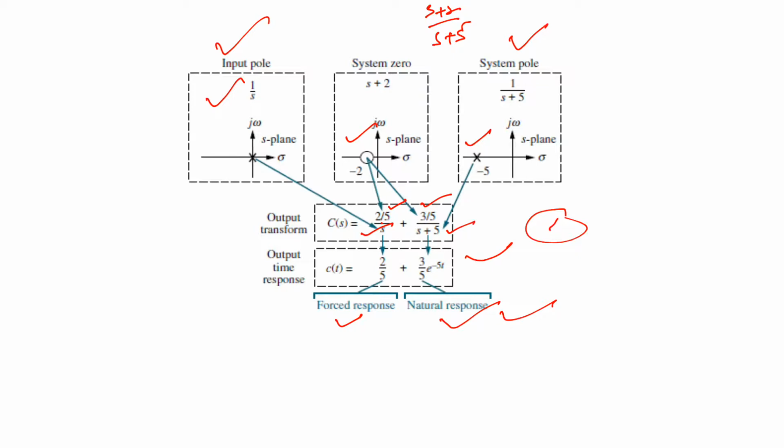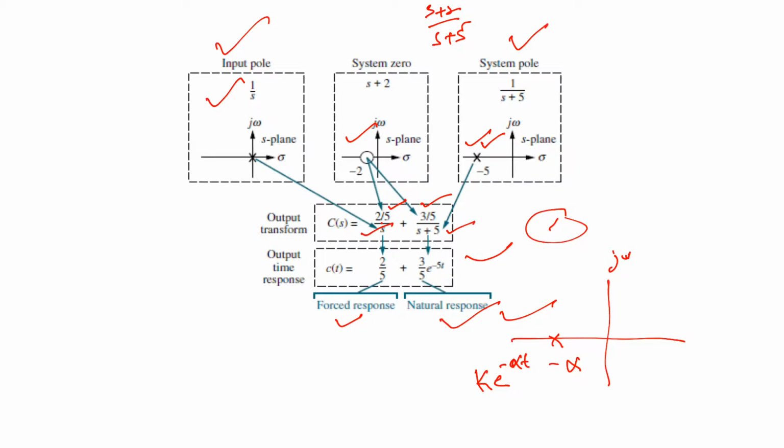Also, a pole on the real axis, that is minus 5, generates an exponential response of the form e minus a t, where minus a is the pole location on the real axis.